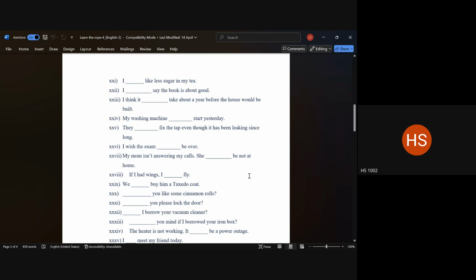24. My washing machine start yesterday. So remember, you can also use negative forms, okay? Could? My washing machine could start yesterday? No. Wouldn't.